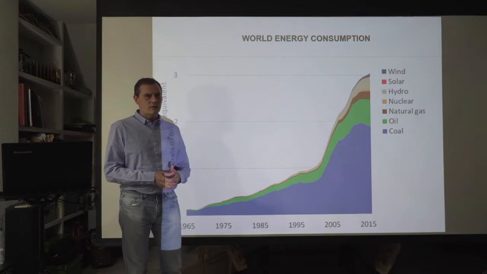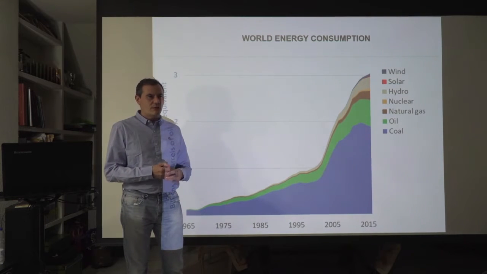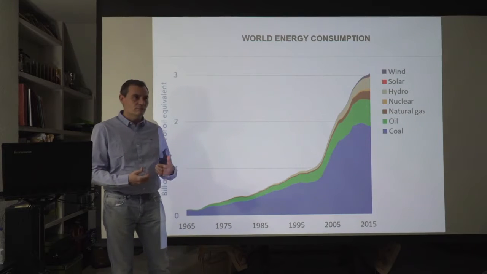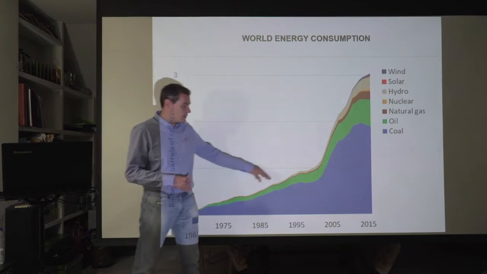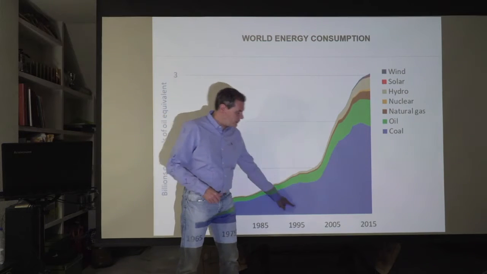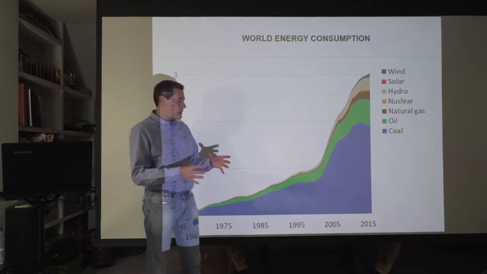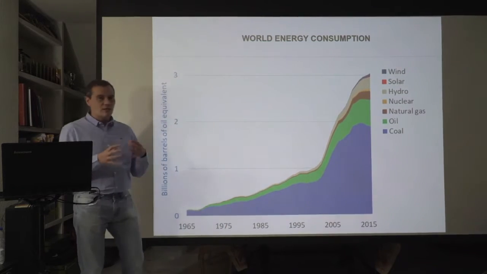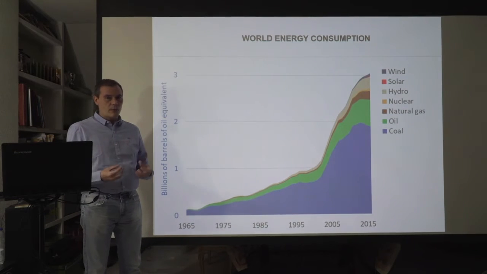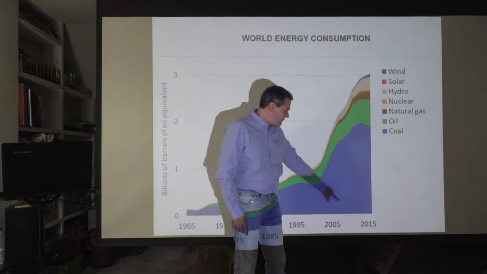China was a country devoted to agriculture and farming, but it became an industrial powerhouse, and that affected the energy consumption. Okay, so all the countries were steadily increasing the energy consumption, but suddenly something happened here, and I think it was because China became an industrial powerhouse. Something happened here in this decade.